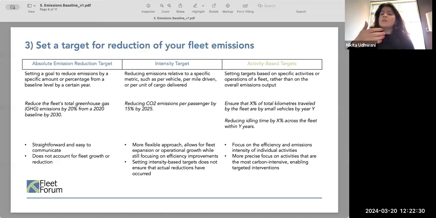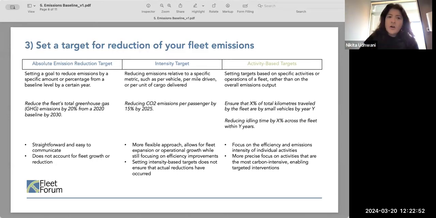If your activities are growing, you have to manage it, but if you don't, naturally they will go up automatically. Similarly, if your activities are reducing, you will achieve the target, yes, but it's not because you have taken deliberate efforts to optimize your fleet. So there are some pros and cons to this approach.